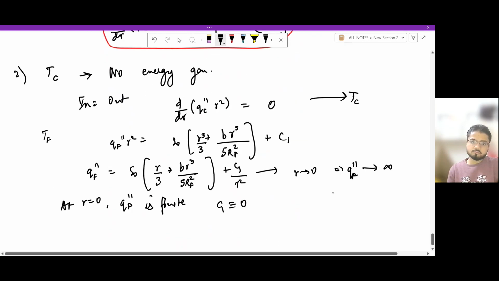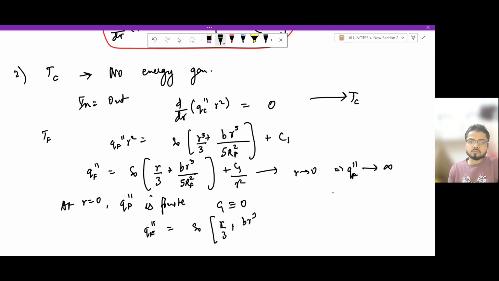In fact, it would be 0. So using this boundary condition, or asymptotic condition, you can just simply write that r by 3 plus br cubed over 5 rf squared.